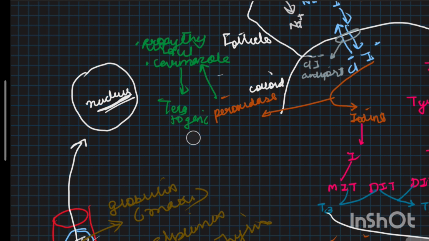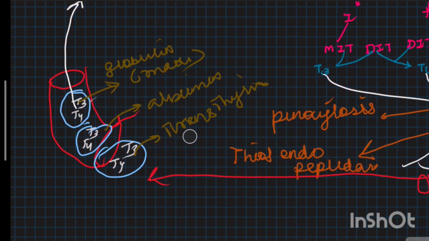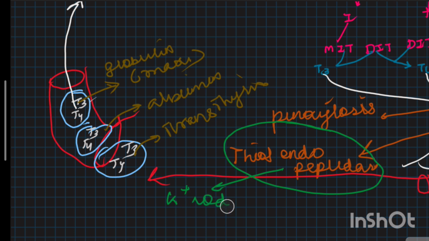It's contraindicated in first trimester, and it can be given in second and third trimester. Now, the third class of drug acts on this thiol endopeptidase. It will block release of T3 and T4. There are mainly two drugs used: potassium iodide and Lugol's iodine.